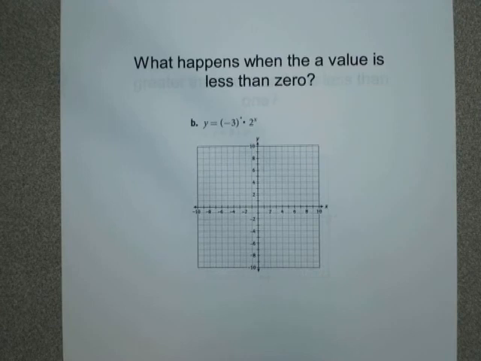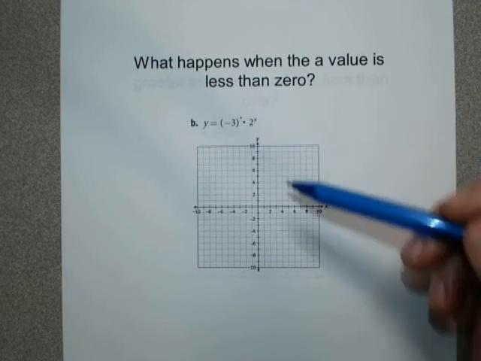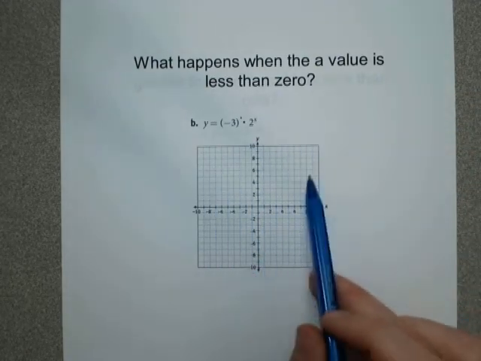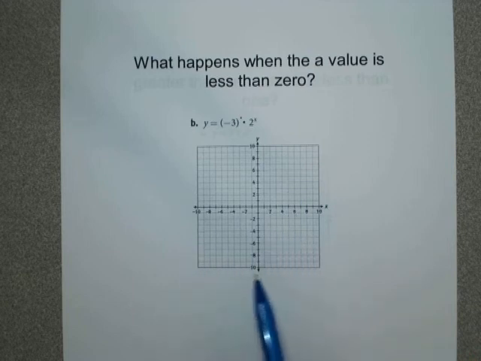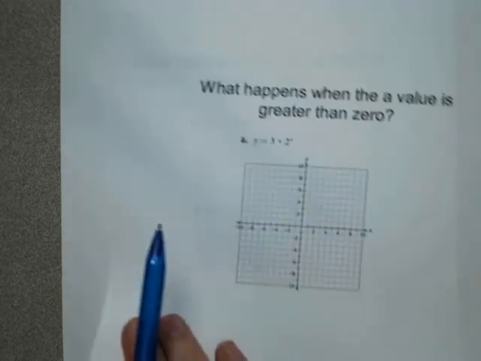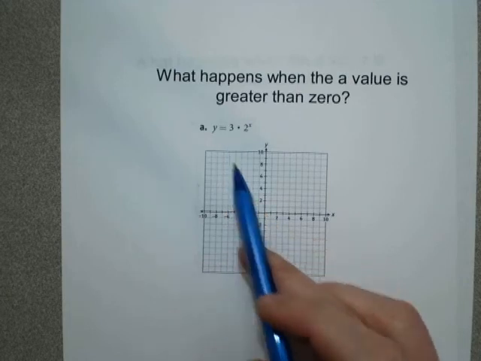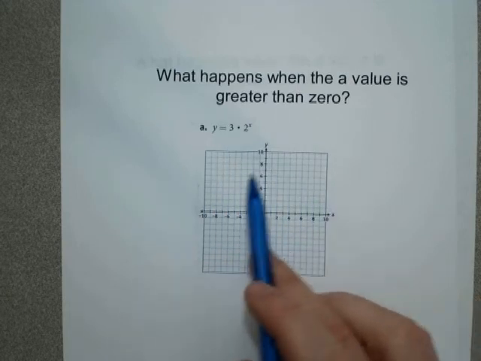But what happened when the a value was less than 0? If it was less than 0, all of our action, instead of happening in the positive quadrants, all of that action was happening in the negative quadrants. So if your a value is greater than 0, then you know that your action is going to be happening above the 0 value of y.